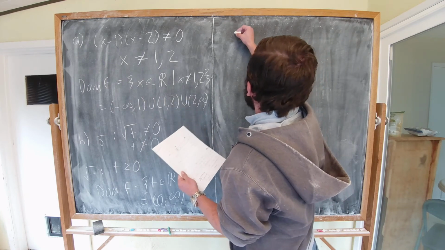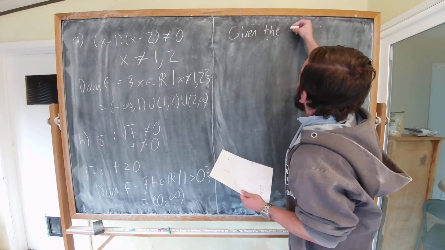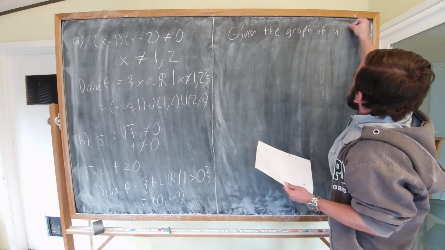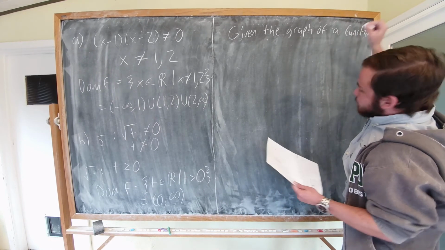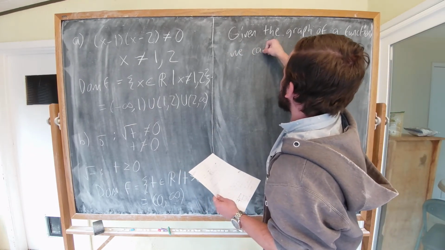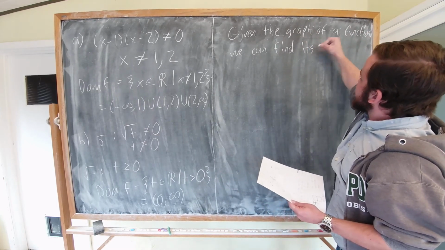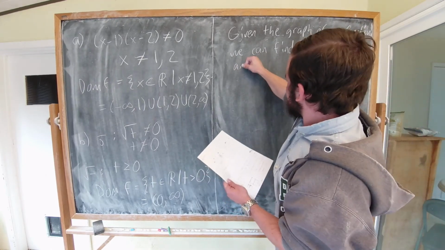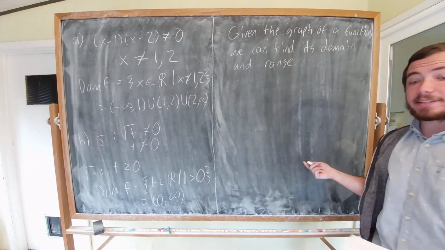So, let's say that given the graph of a function, we can find the domain and range of that function. Okay, we might say, how?